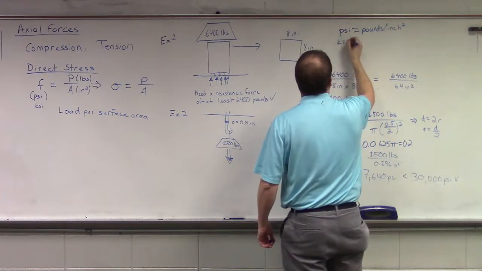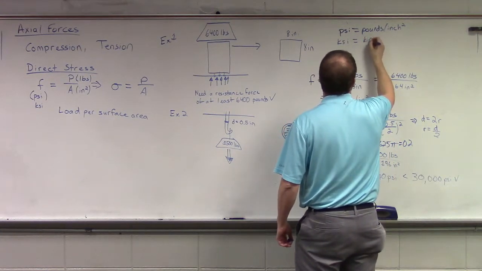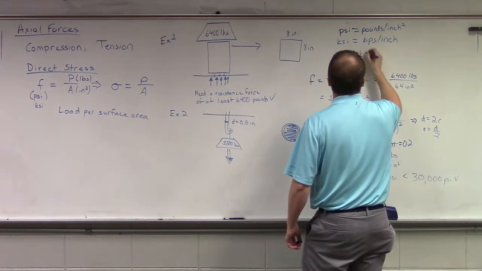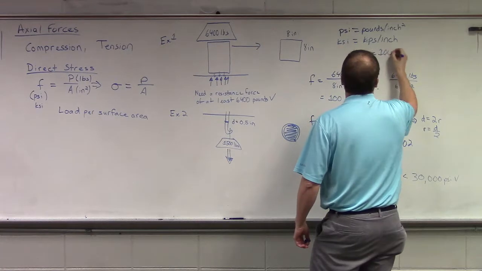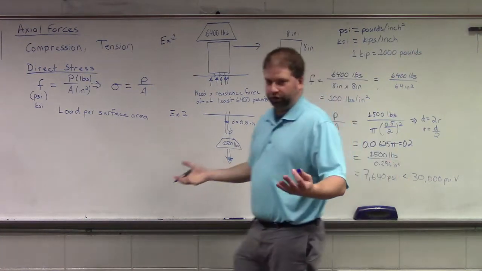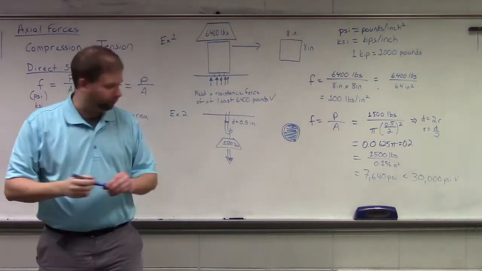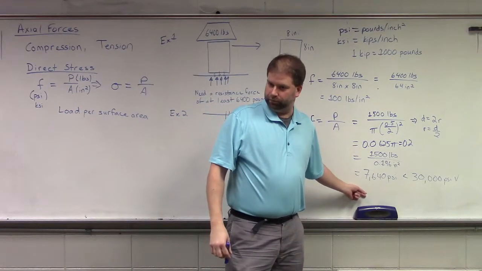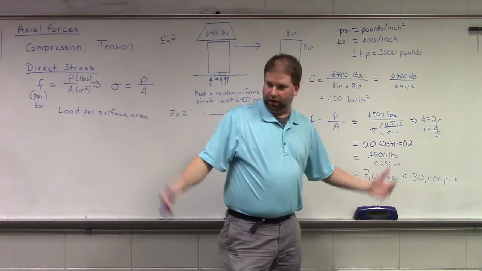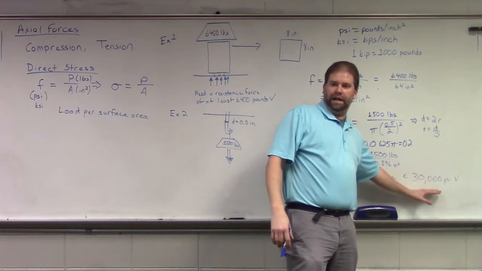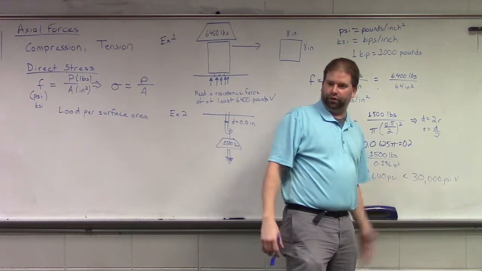KSI is what's known as kips per square inch, and 1 kip equals 1,000 pounds. So you can use them interchangeably. You could also say 7.64 KSI, and you're making an equivalent statement. You could also say 30 KSI allowable stress for steel.